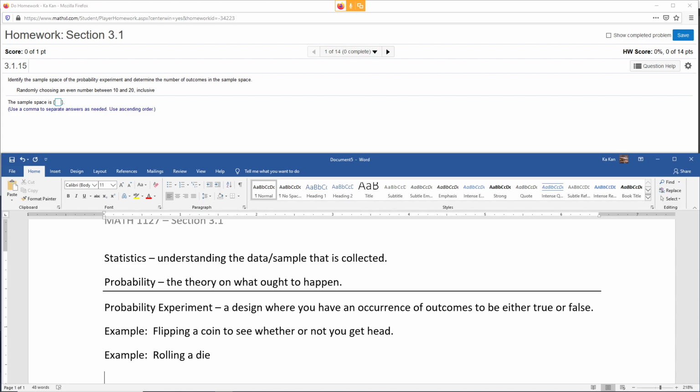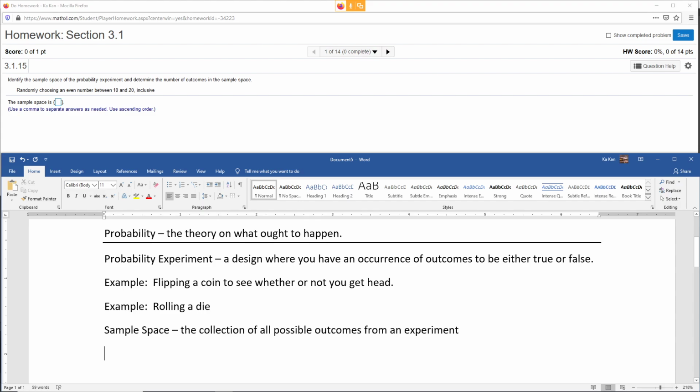Now here's another definition. What is a sample space? A sample space is the collection of all possible outcomes from an experiment. Example, tossing a coin: the sample space of a coin toss equals head or tail.